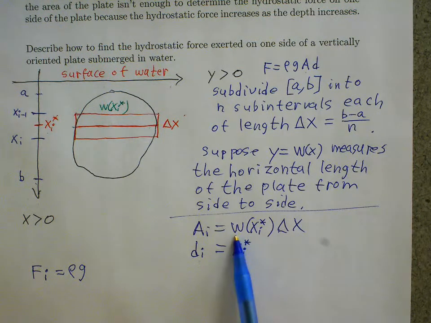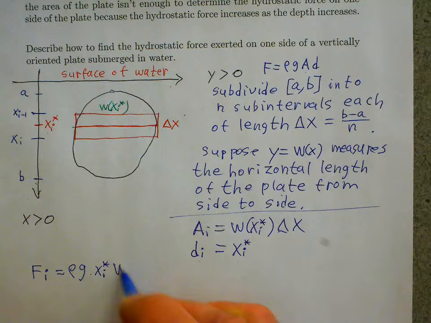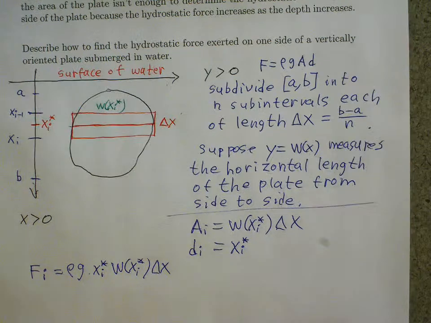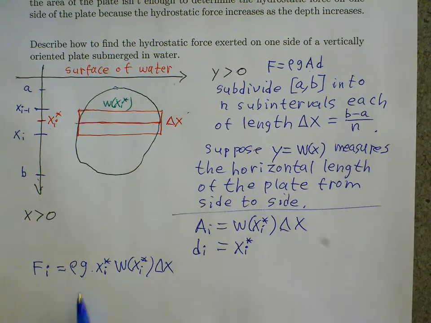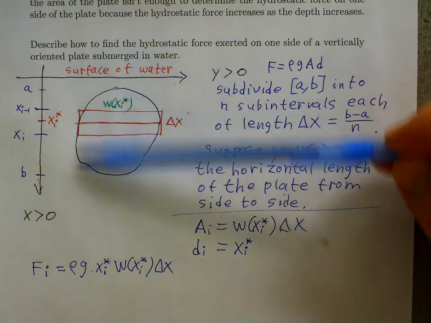So I'm going to multiply w of x sub i star times delta x times x sub i star. And I'll rearrange it a little bit and write it as x sub i star times w of x sub i star times delta x. Okay, so we're going to get one of those approximations for each of the n subintervals.